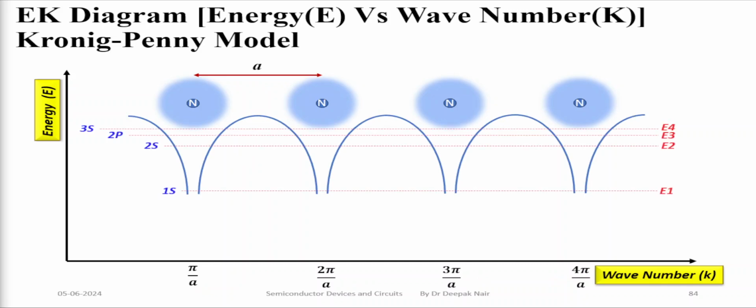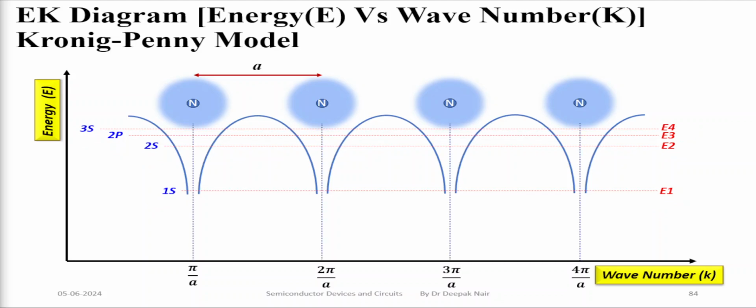And if we correlate that with the shells 1s, 2s, 2p, 3s, or energy associated with these shells E1, E2, E3 and E4, then this diagram is called Kronig-Penney model or EK diagram.